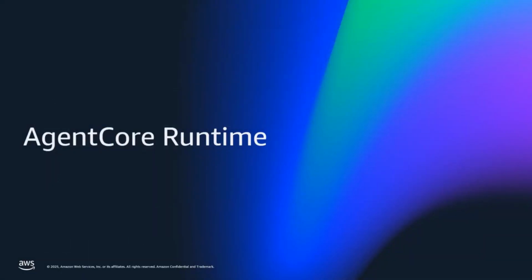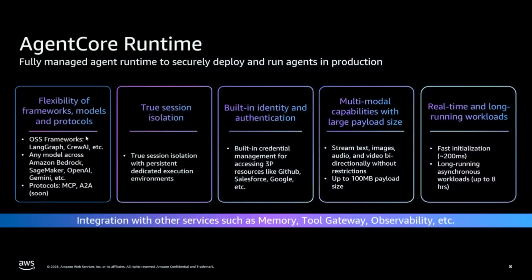So let's get into a lot of low-level details. For the rest of the session, the next 25 minutes, I'm going to be talking about the flexibility of frameworks, how we approach LangGraph particularly, which I believe was one of the questions. What we mean by true session isolation and how that works, the built-in identity and authentication that is tightly coupled with runtime, the multimodal capabilities with the payload size, and real-time and long-running workloads, because that is going to affect costs.